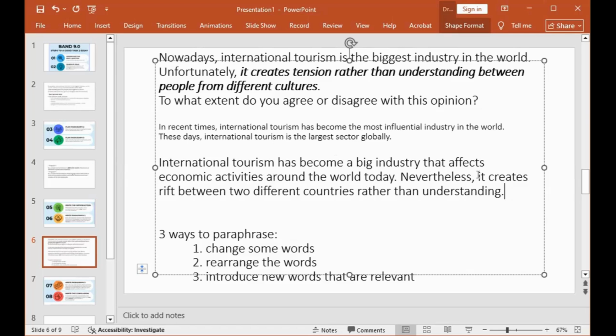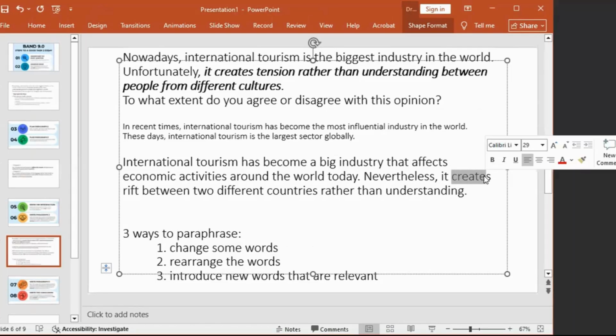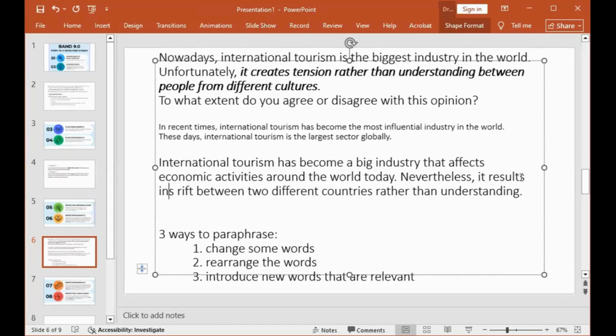Nevertheless, it creates, so we can change this here and put it as what? Results in rifts. It results in rifts between, so you have removed "people." This word "people" is very important.